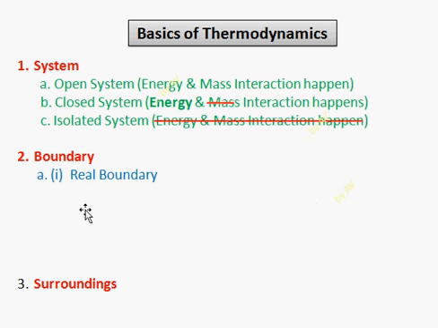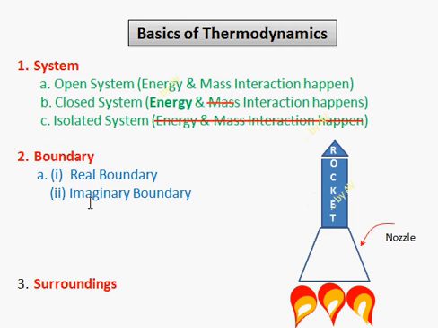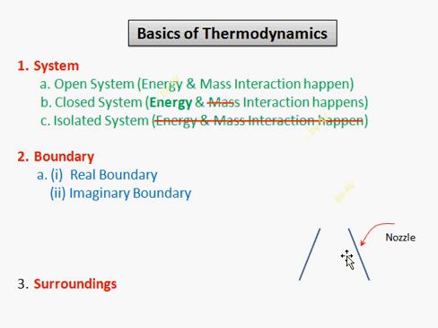Next, going to boundary. First classification is real boundary and imaginary boundary. Imagine a rocket, and of course you will have a nozzle and the fire which is coming out like this. If you take the nozzle to be our system, it will be like a truncated cone. It has a boundary along its sides which is real. So this can be treated as real boundary.